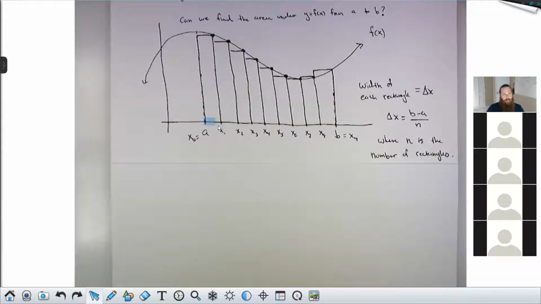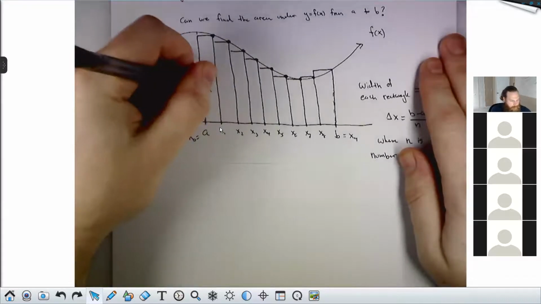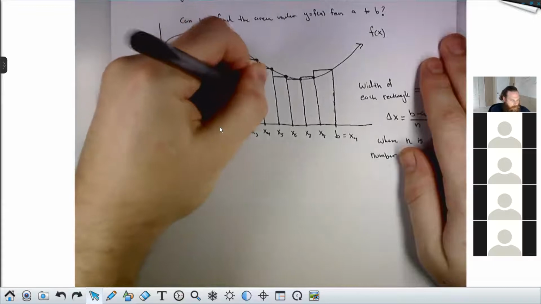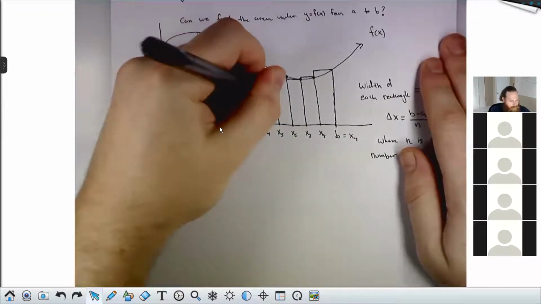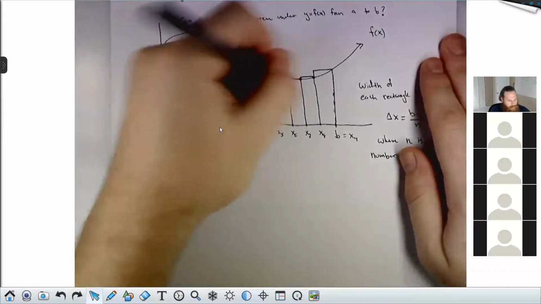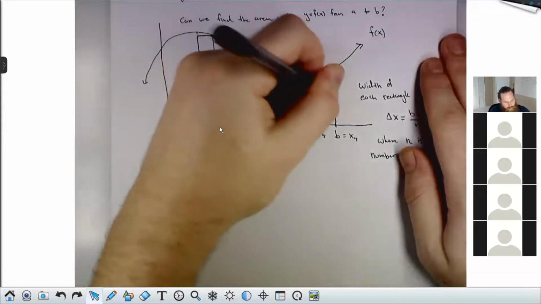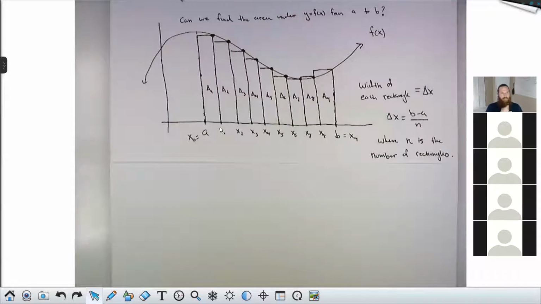And what's the width of this rectangle? It's true that it is x1 minus a.